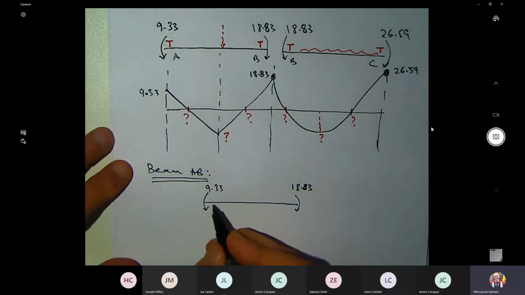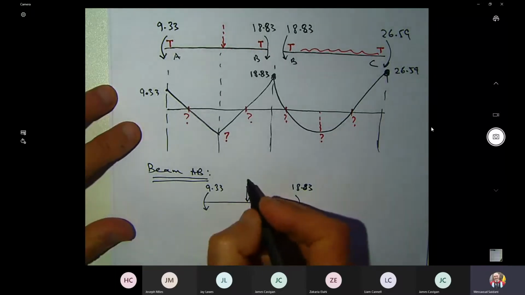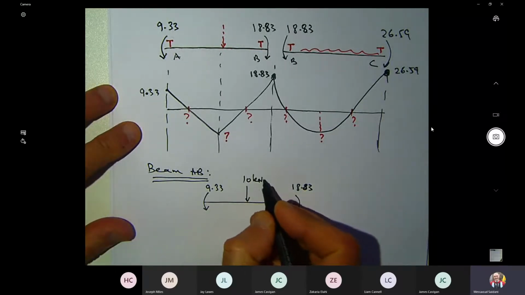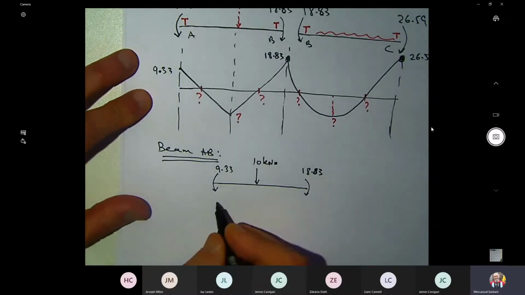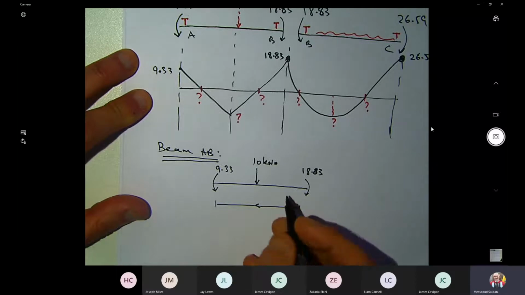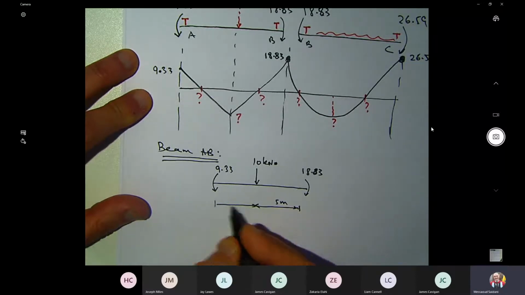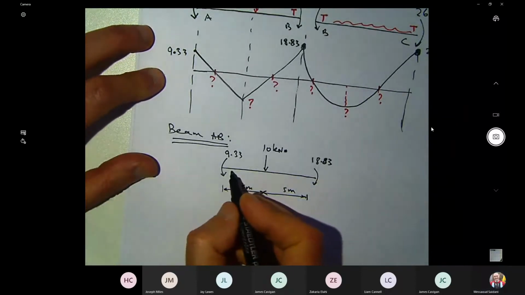And so that's A, and then we have the load here. What was the load? Was it 10? 10 kilonewtons, okay? And the span is 5 and 5 meters. So this is beam AB.